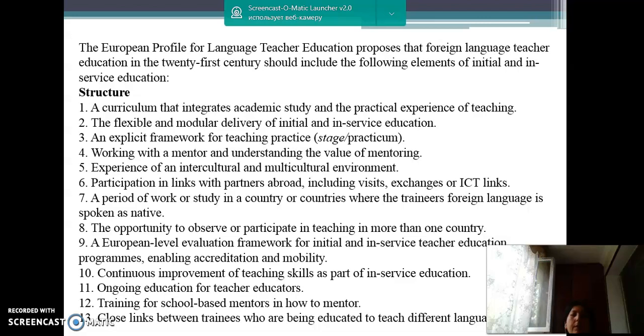A European level evaluation framework for initial and in-service teacher education programs, enabling accreditation and mobility. Continuous improvement of teaching skills as a part of in-service education. Ongoing education for teacher educators. Training for school-based mentors in how to mentor. Close links between trainers who are educating teachers of different languages.